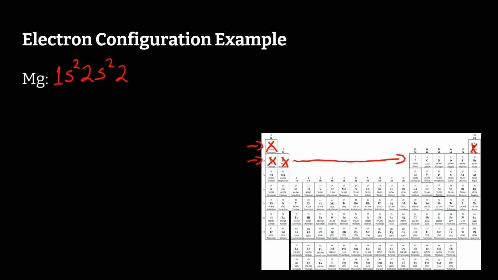We enter into the p block though, and this is able to hold a total of 6 electrons, so 2p6. We're at the end of the periodic table, so we need to go to the next energy level. So now we're in energy level 3. We enter into the s block, and it takes 2 electrons to get to magnesium, so we get 3s2.